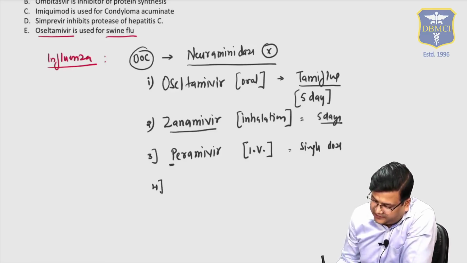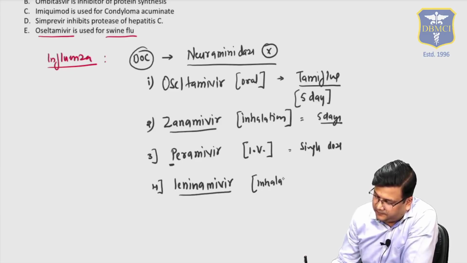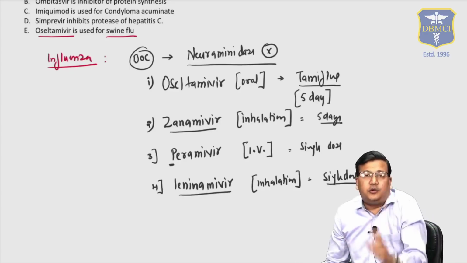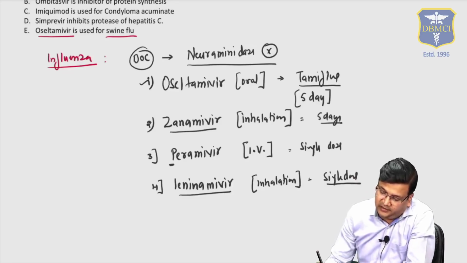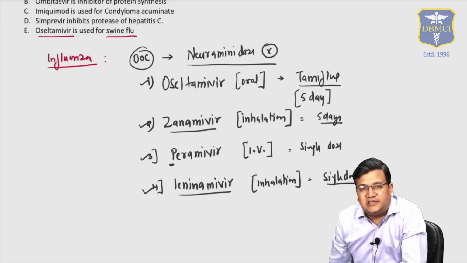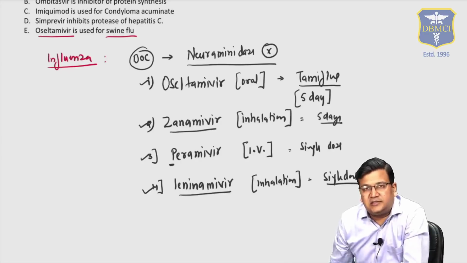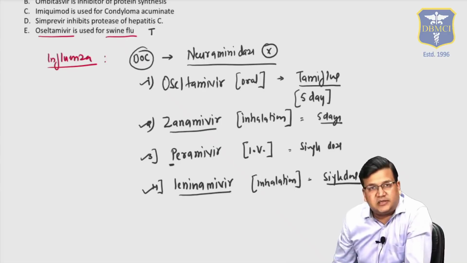And the latest drug in this family is laninamivir, which is inhalation like zanamivir, but again single dose. So neuraminidase inhibitors, there are 4 molecules in that class: oseltamivir, zanamivir, peramivir, laninamivir. All these are used, and oseltamivir or Tamiflu is generally considered the drug of choice. So option number E is a true statement.